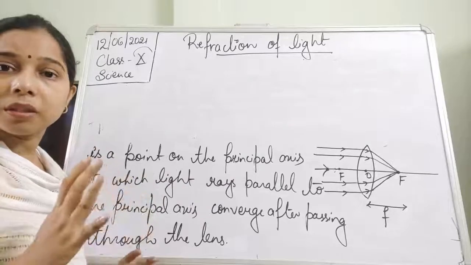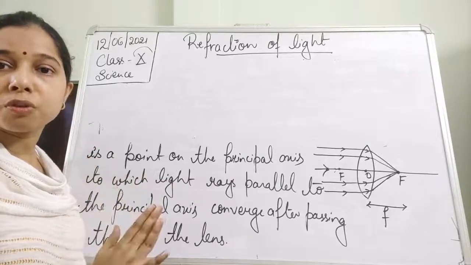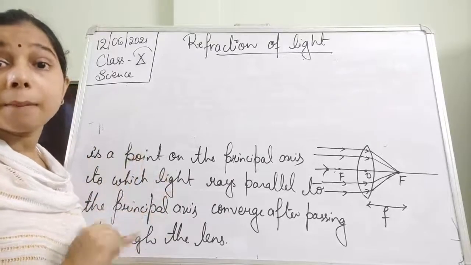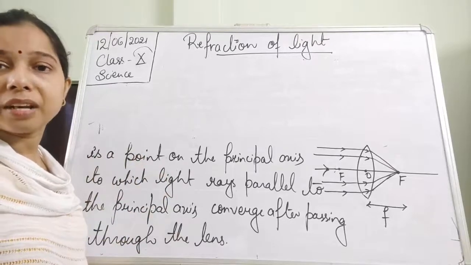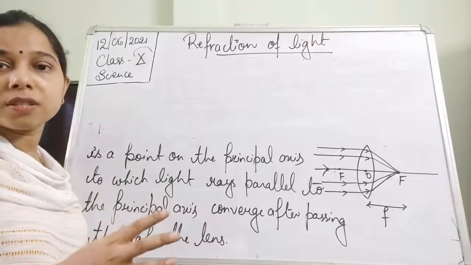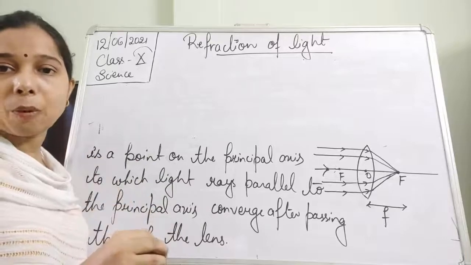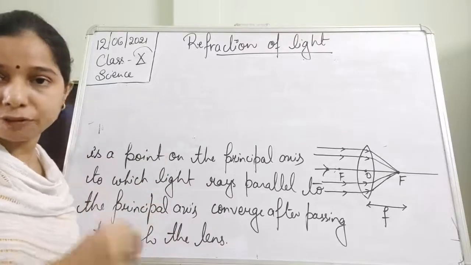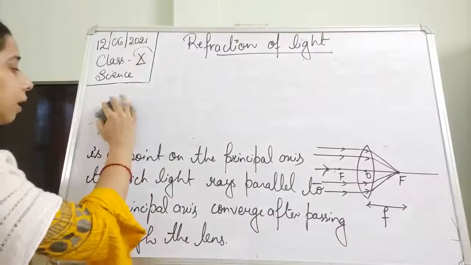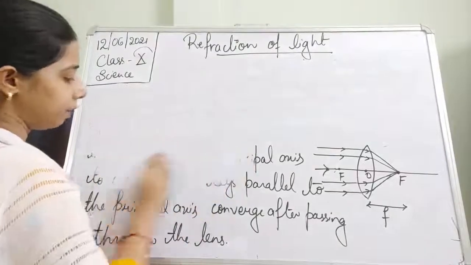Because here all the light rays converge at a point, it is also called a converging lens. But in case of a concave lens, the rays diverge and appear to meet at a point, and that is why it is called a diverging lens. Let us see what happened in case of a concave lens.